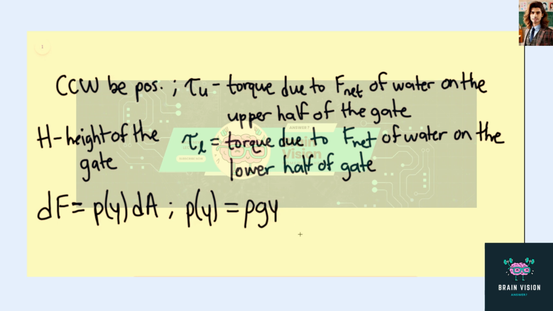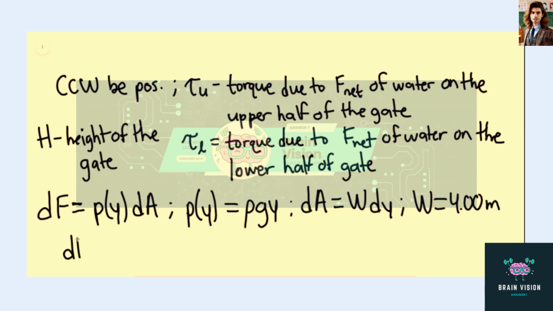And we can then say that the change in area would be the width times dy, with the width equaling 4.00 meters. We can rewrite all of this and say that dF would equal the density times g times y times the width w times dy.